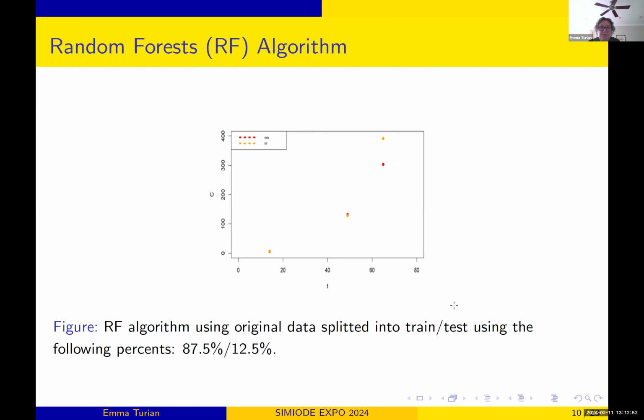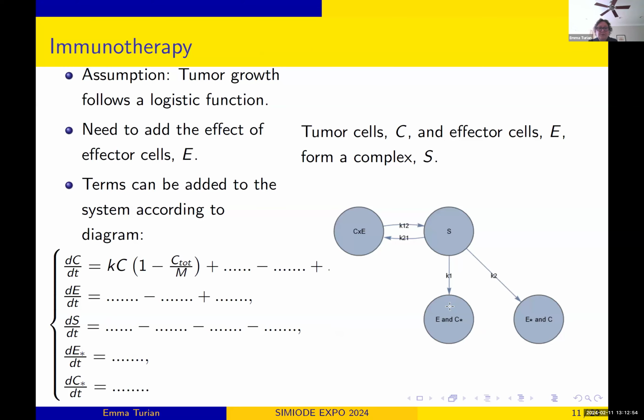Now that we know that the tumor is growing, we need to use some therapy to treat the tumor. And the way we present this immunotherapy approach is to first start with an assumption for tumor growth. So I'm staying in here with the same tumor growth, which is logistic. And we start with the logistic growth, and then we use the diagram to add more terms to this system.